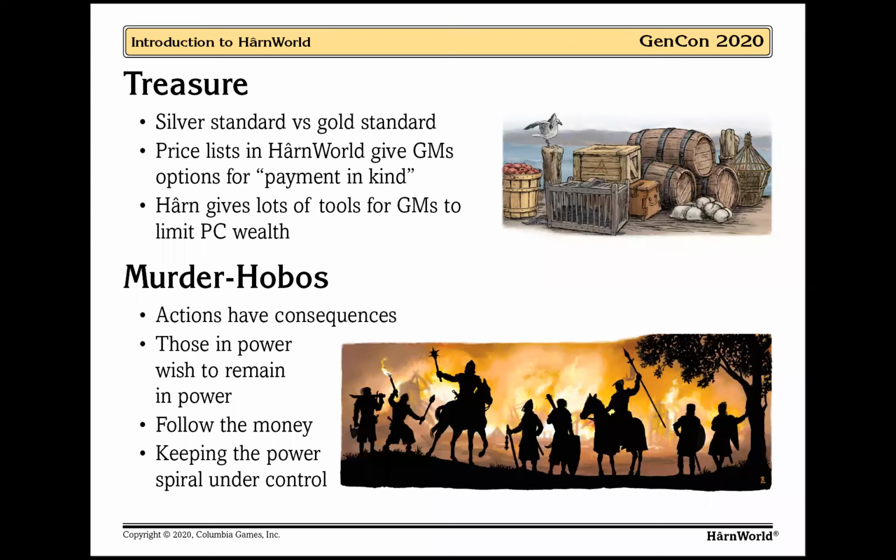And then of course, the other aspect is the murder hobo, as we derisively refer to it, which is the adventurer who goes from town to town, randomly murdering people and taking their stuff. One of the things I think the setting does a really good job of is making it clear that actions have consequences.